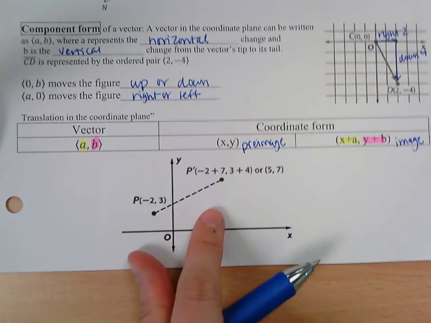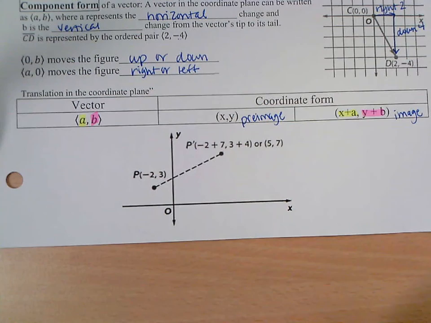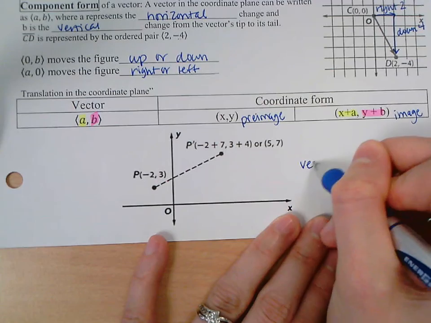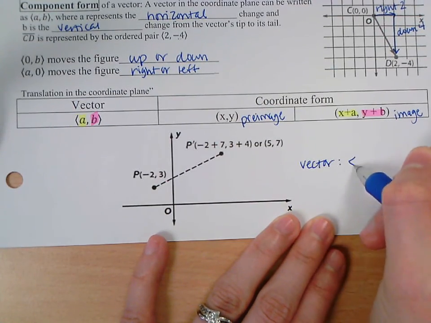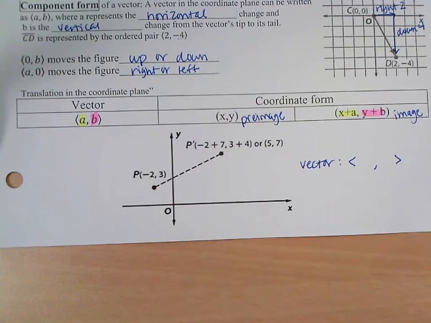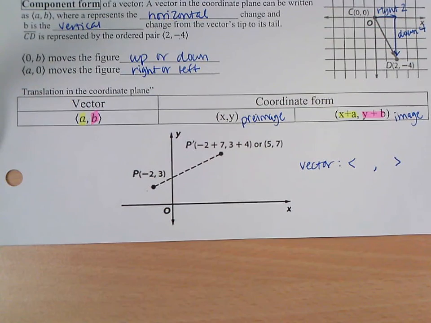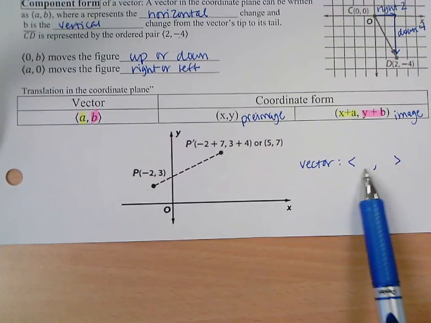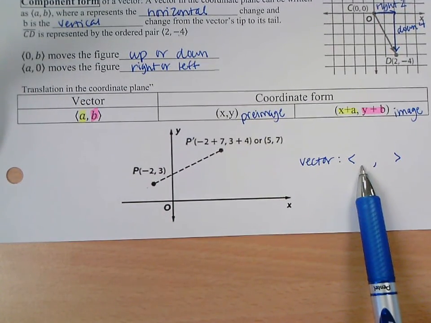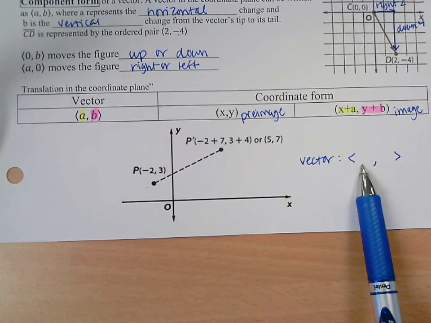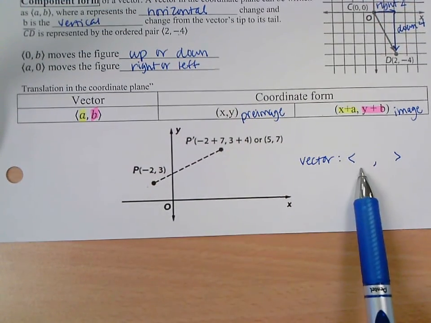And they do show here, so I just want to show this to you. I want to come up with the vector from P to P prime, based on the ordered pair it gives you for P and the ordered pair it gives you for P prime. What would the horizontal change in our vector be? Anybody know, getting from P to P prime?